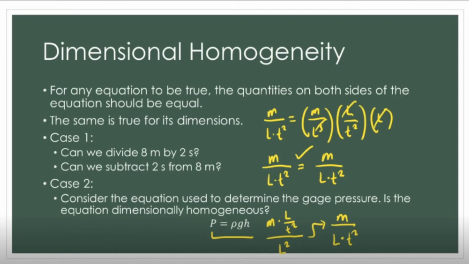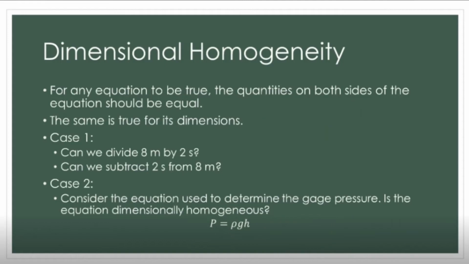Now, if you are getting confused from using letters to represent dimensions such as mass, length, and time, you can do the second option, which is using standard SI units. Let me illustrate that for you. In the second approach, we simply use the standard units used to represent our parameters. For example, on the left-hand side of the equation, we have pressure, and the standard SI unit for pressure is pascals.